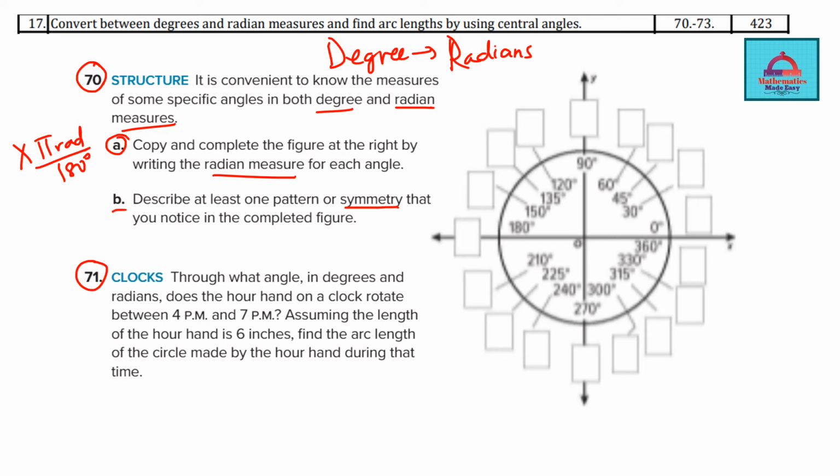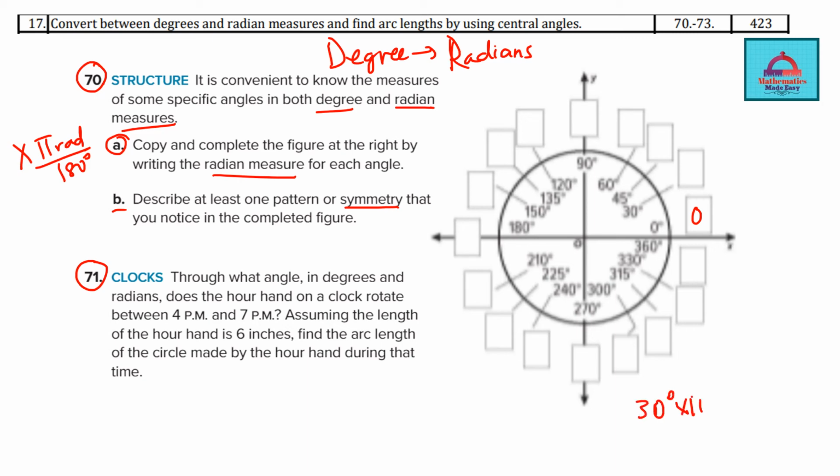So let's dive into solving it in little parts here, and then you can check your answer with the answer key. When you convert degree to radians, you are multiplying by pi radians over 180. So if you see 0, it will not be any difference in radians. So it will be 0 radians or 0 pi radians. Now let's talk about 30 degrees.